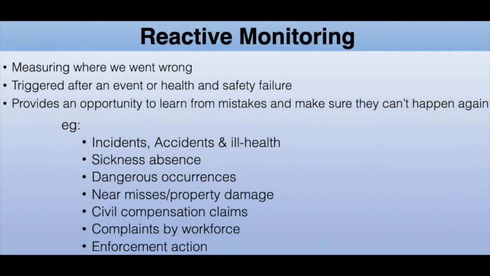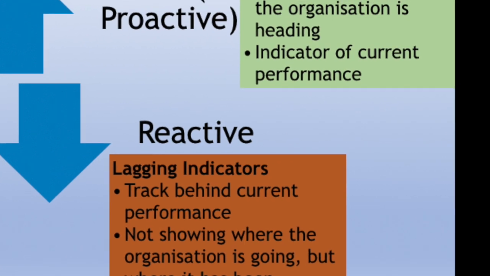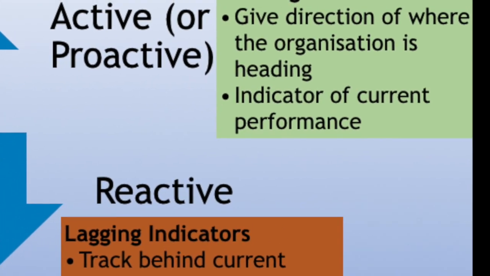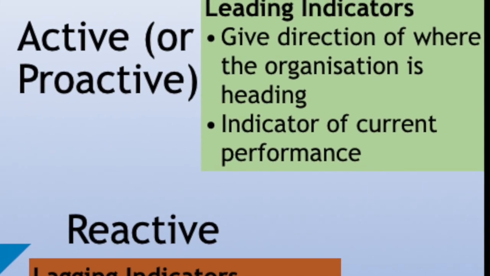The traditional way of measuring performance has been looking at accidents or failures or complaints or enforcement actions. That is the old style, but we need to have a good selection of both reactive as well as proactive. So it's not just the absence of accidents, it is the presence of some good things.